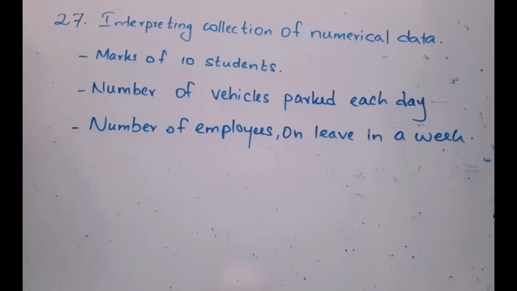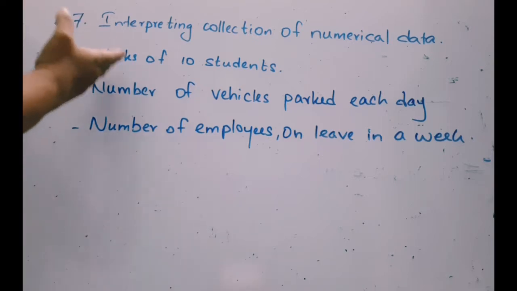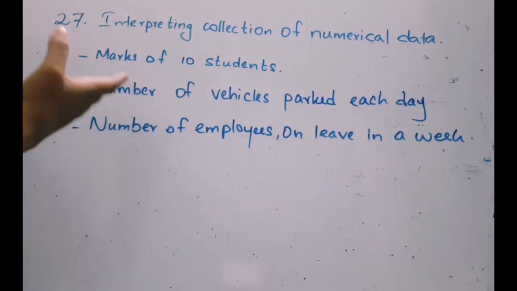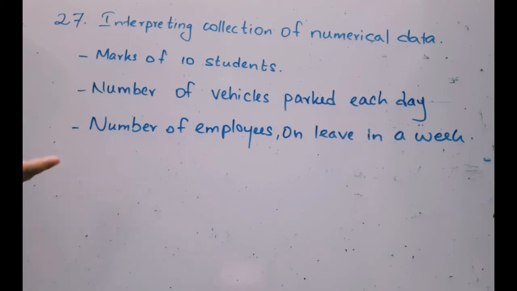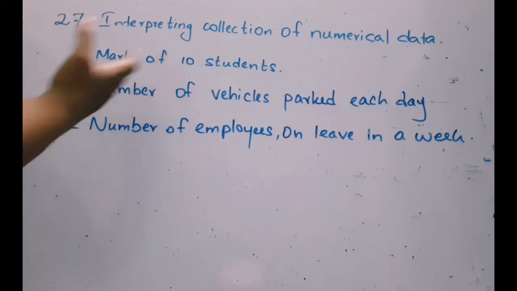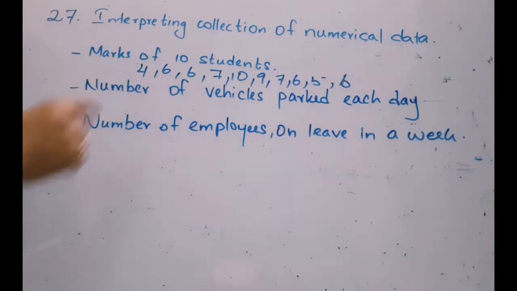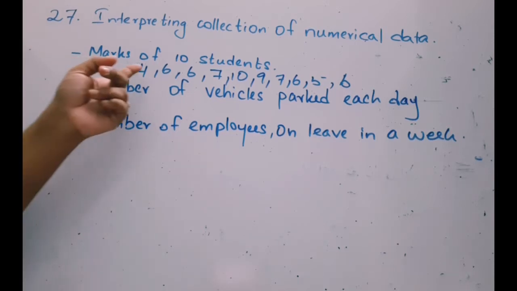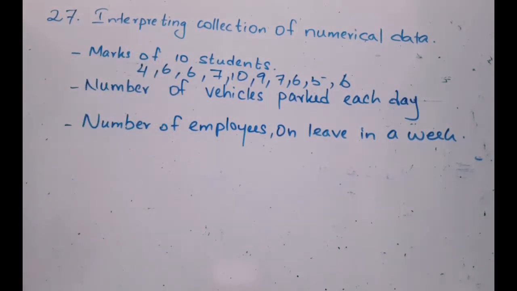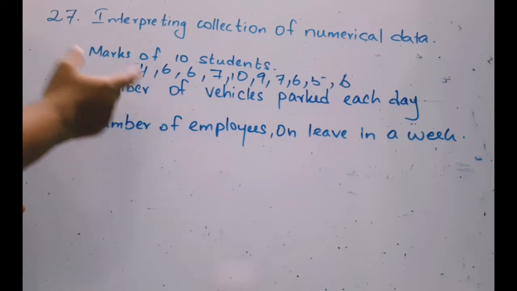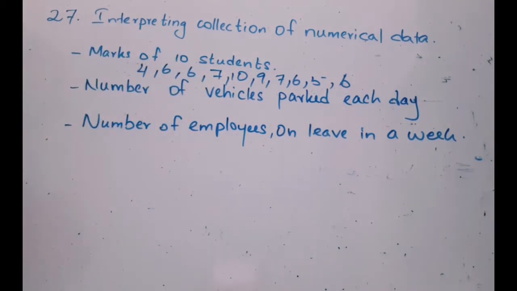Let's look at the first example, marks of 10 students. If you mark these data, it will contain 10 numbers. Am I right? So this is a collection of numerical data. I have written the example of the marks obtained by 10 students. So it's going to be numerical values, and the number of data represented here is 10 values.